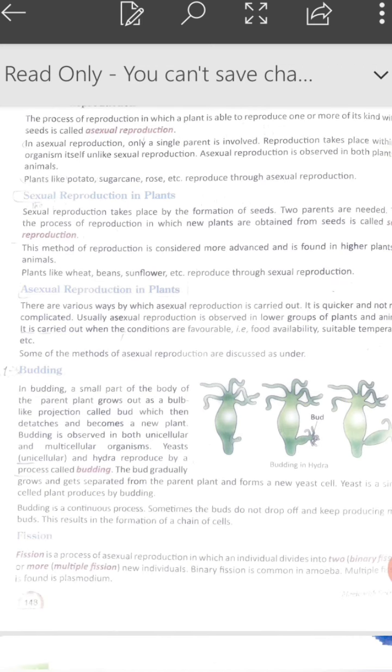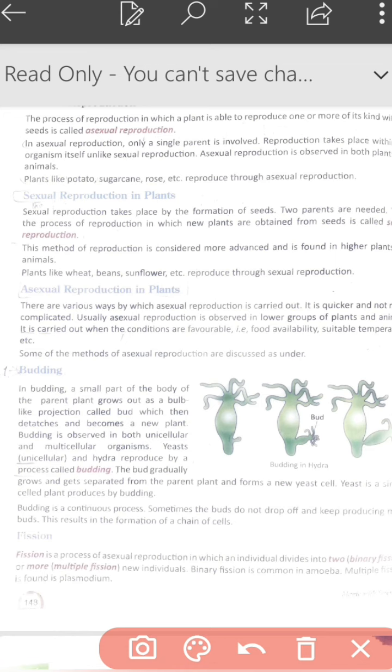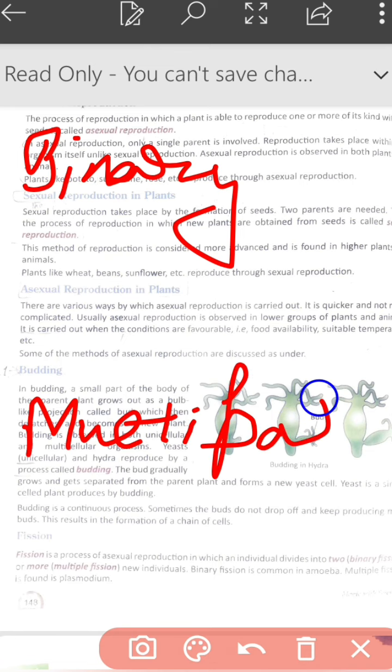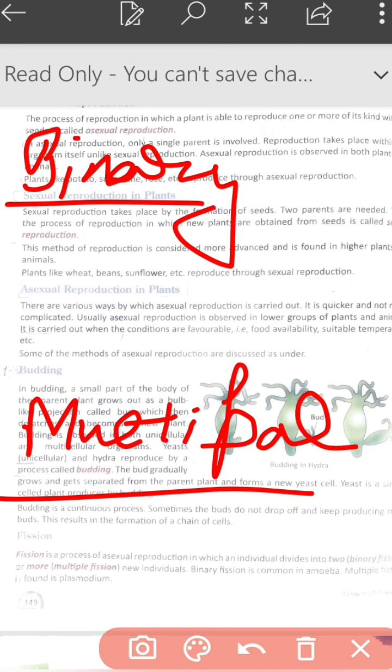This is known as the fission process. In the fission process there are two types: binary fission and multiple fission.